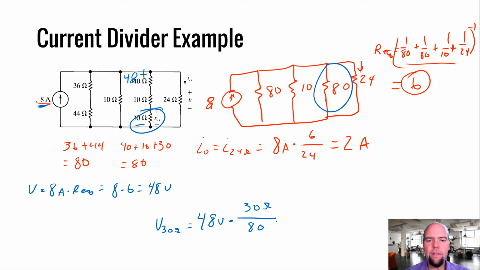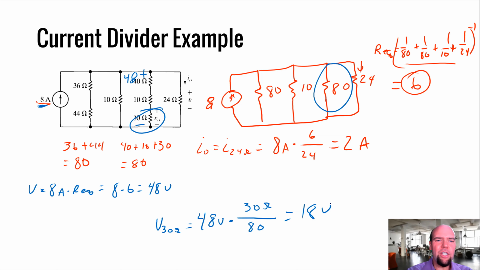It was 80. And that should give us, well, it better be 18, but let's just sanity check ourselves here. If it's going to be on the internet, better make sure we did it right. And it is 18.